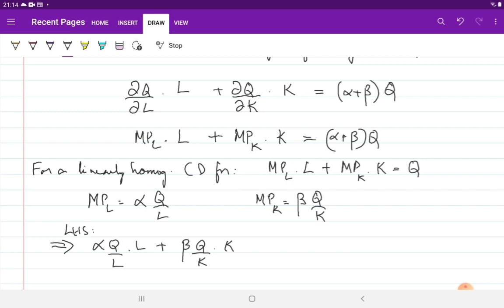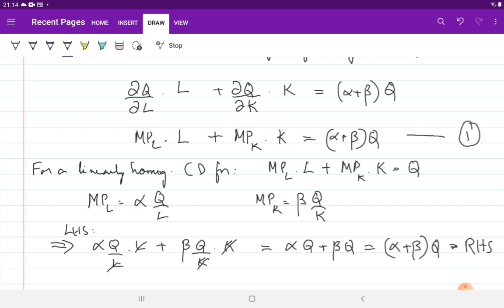So this can be expressed, since L and L cancel, K and K cancel, as alpha times Q plus beta times Q, which is nothing but alpha plus beta times Q, which is equal to the RHS, or the right hand side of this equation. Hence, proved.